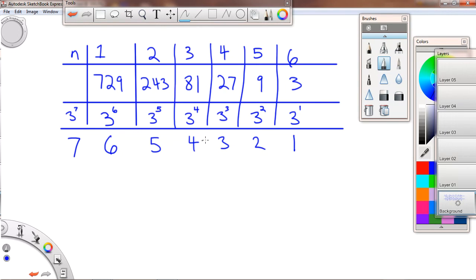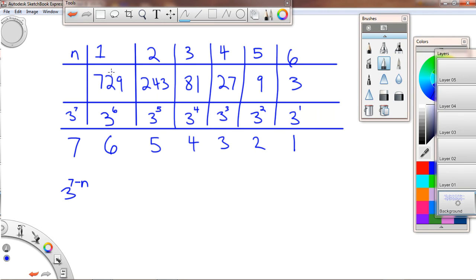And I can't remember if we've learned an easy way to model something like this. But if n is getting bigger and that makes the exponent get smaller, you could think of this as being 3 to the something, starts at 7, and it's getting smaller. So we're going to subtract n. So every time n goes up by 1, we're going to be counting down. This is going to start at 7.